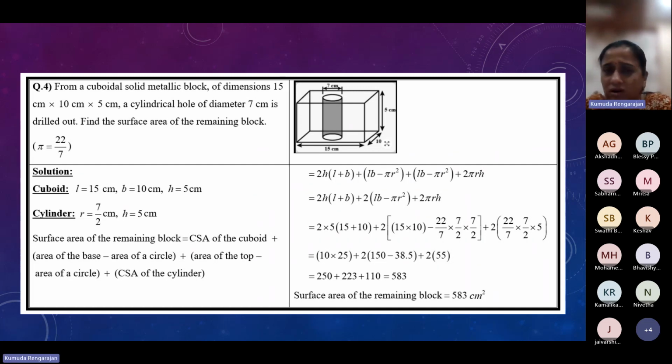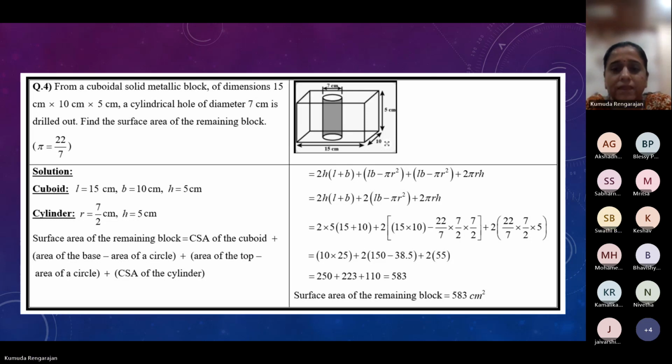There is no surface common between the total surface area of the cuboid and the curved surface area of the cylinder. The surfaces are completely different. So we can't subtract.